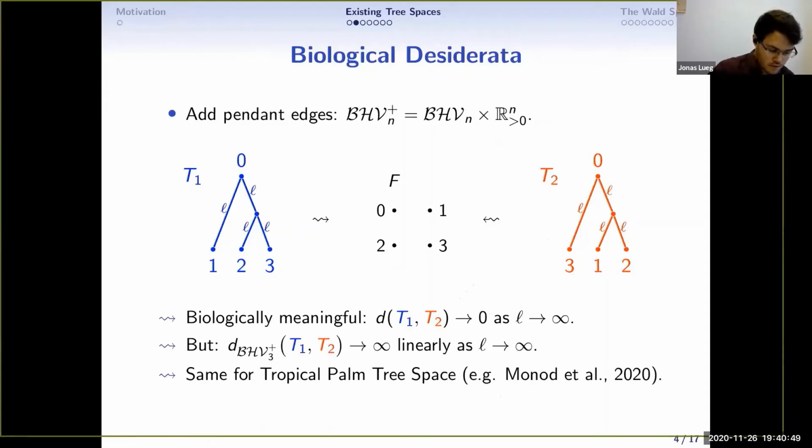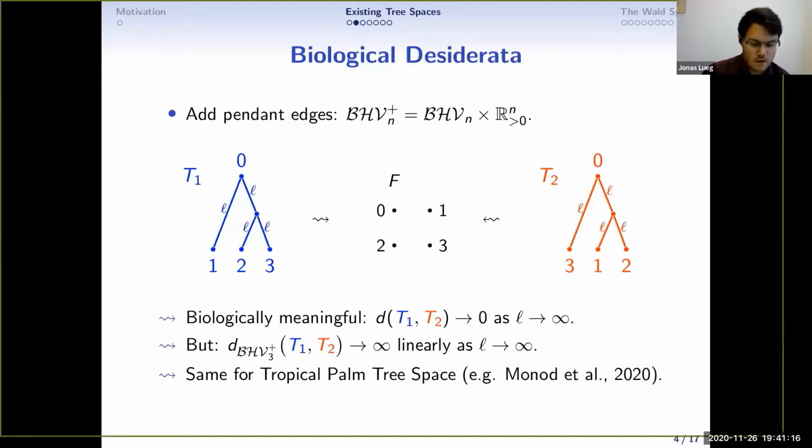And now I want to consider a very particular event in the BHV space. So consider you have these two trees, T1 and T2, in red and blue. And all these edges have the same edge length L. And what's the meaning when you take the limit where you go with the edge length to infinity?